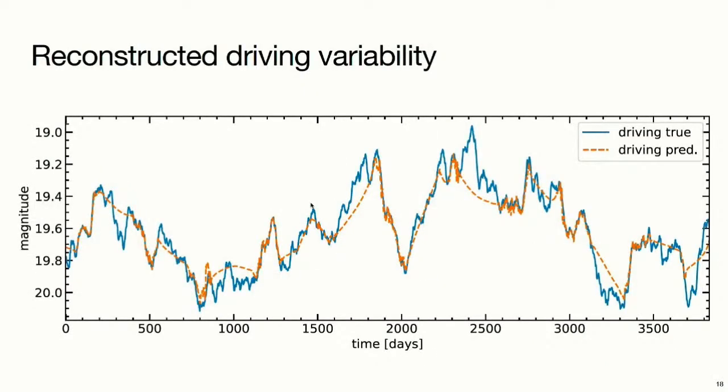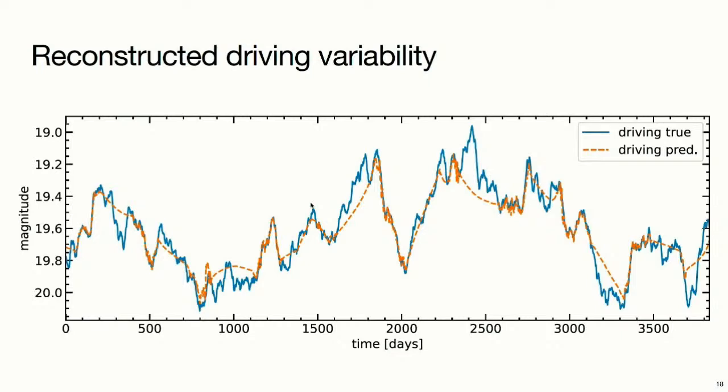And now, as I mentioned earlier, we can actually reconstruct the driving variability. This is kind of similar to what CREAM does, for example, where here the blue is the true driving variability used in the simulation, and this orange dotted line is our reconstructed driving variability. And places like this are places where there's seasonal gaps, so there's basically no information.